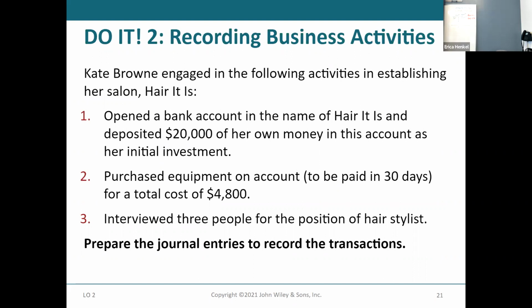So what type of account do we use to show liabilities that we expect to pay, usually in under 30 days? Accounts payable, yep. And then equipment. So which one are we going to debit and which one are we going to credit?